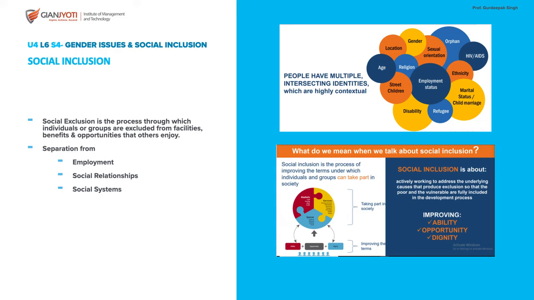So when we talk about social inclusion, it is the process where we have to improve the terms so that the individuals and groups can become part of the society.